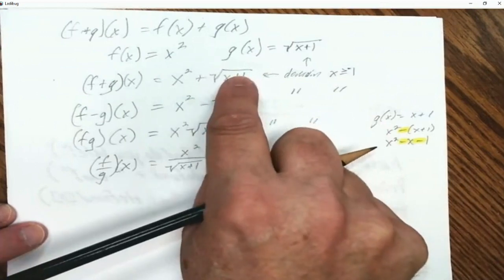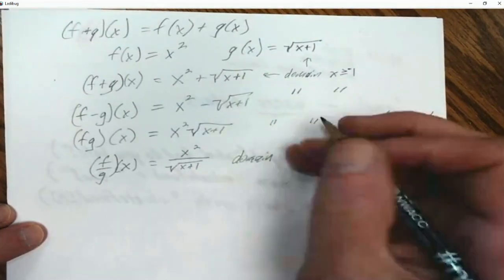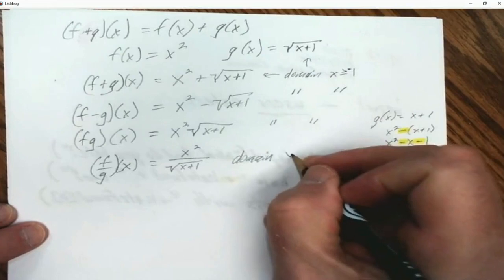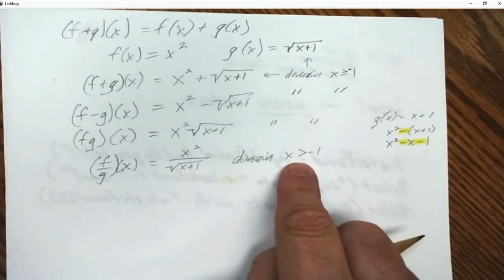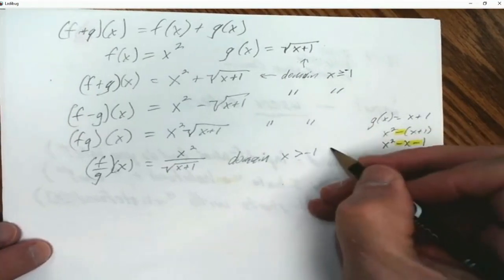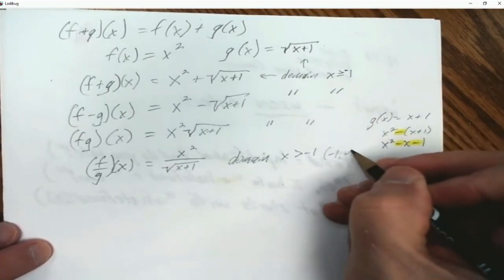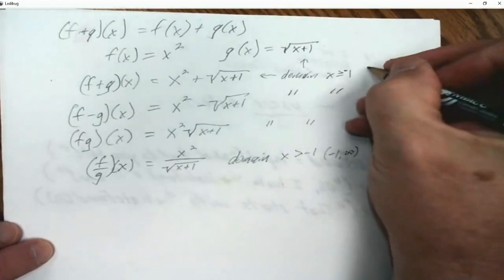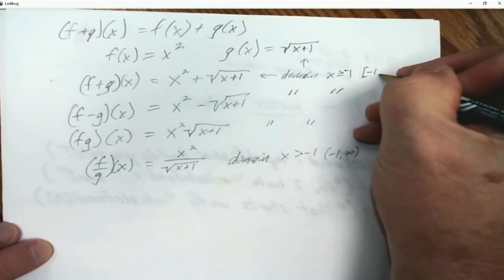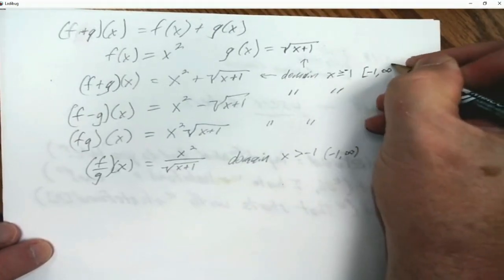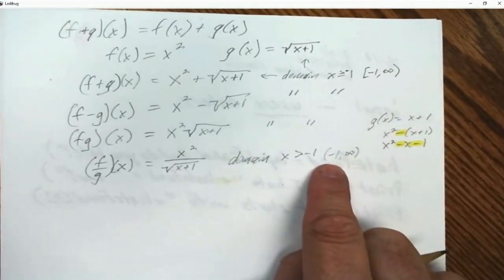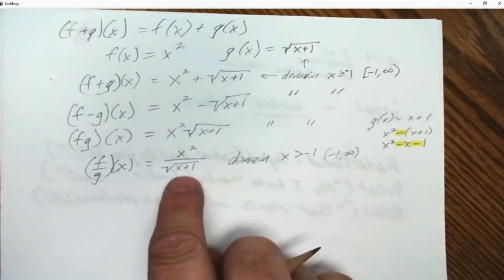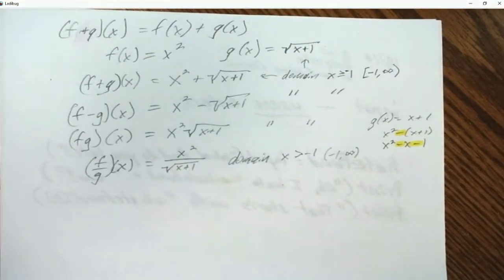We're okay with that. Here, we can't have 0. So the domain is x is greater than negative 1, not equal. We can't be equal to anymore. And we can also write that negative 1 to infinity, if you like writing domain that way. This would be bracket negative 1 to infinity, because it includes the negative 1. Here it does not include the negative 1, because we cannot have a 0 in the bottom.